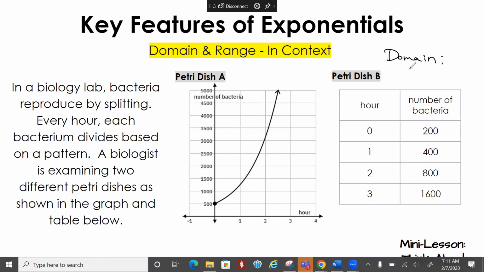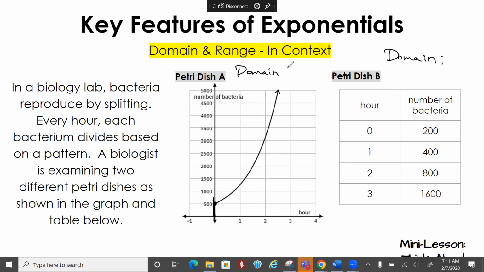Okay. All right, so domain. Let's look at this. Where do we start with our x values? How far to the left do we go? Zero. Okay, good.